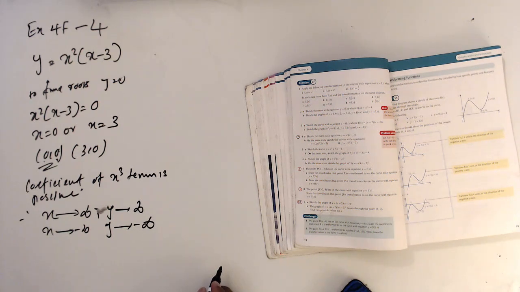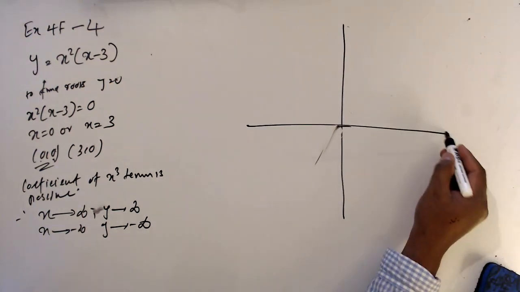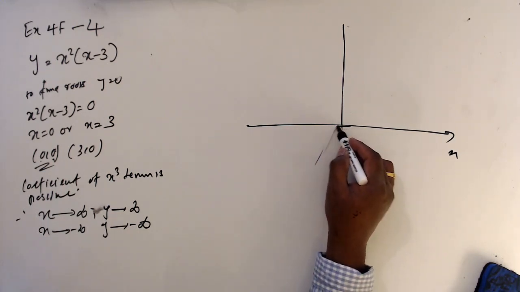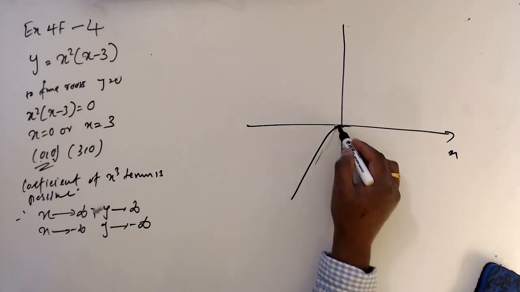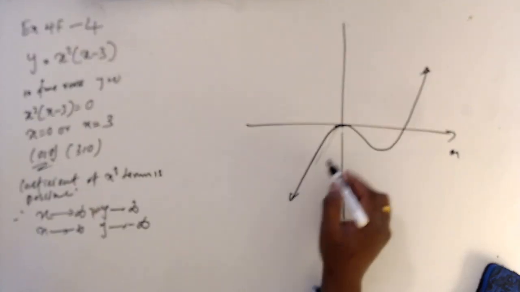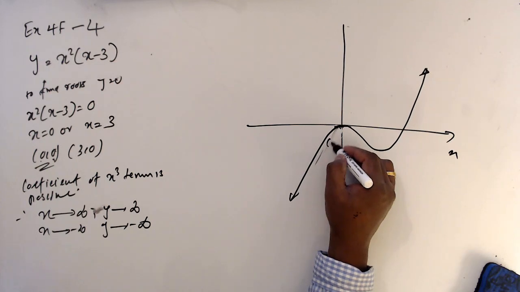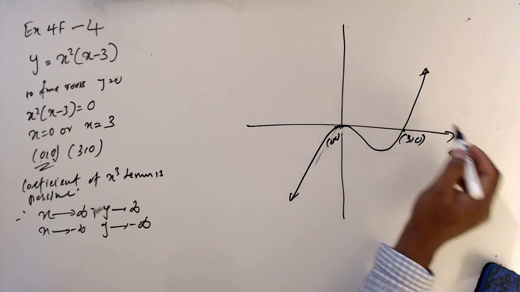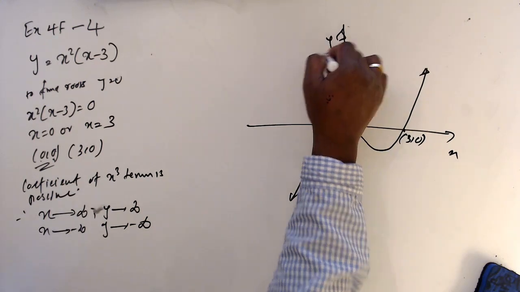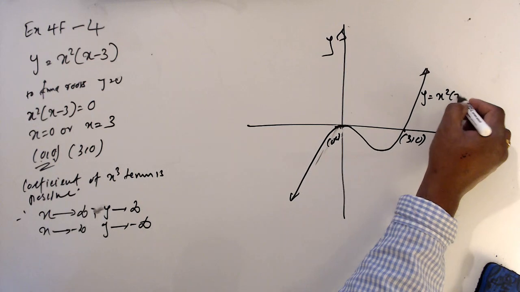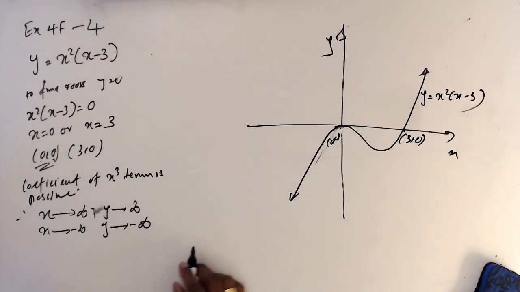Now we can draw this. (0, 0), and this one (3, 0). x and y. y equals x squared minus x minus 3.